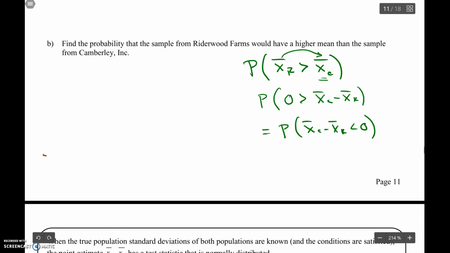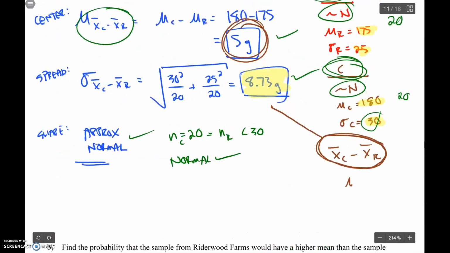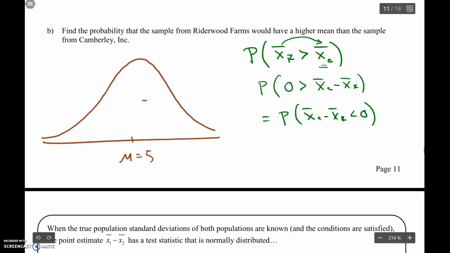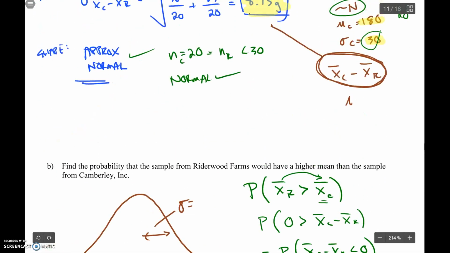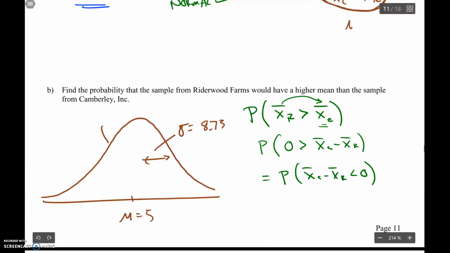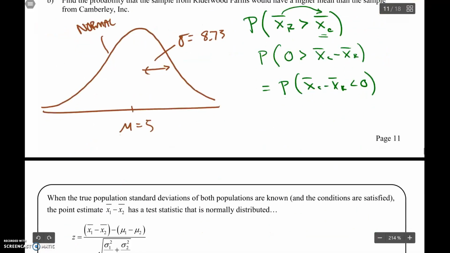Well, we can find this as long as I know the center, and I do, and I know the spread, and I do, and I know the shape, and I do. So yeah, I can do this.